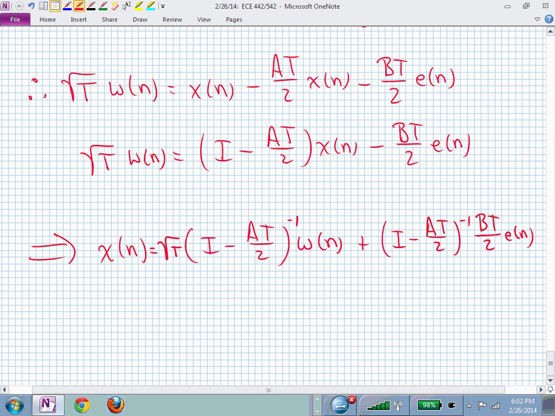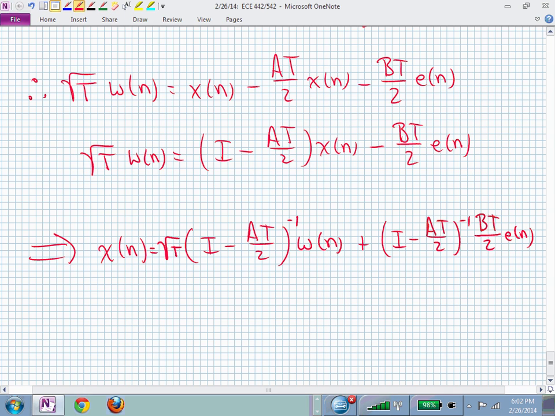So I'm really pushing that e term over and hitting everything on the left, and I have to keep these operations in the right order because now they're matrix operations. So little x of n is now related to w of n, this new artificially created variable, and the input variable e, in this particular combination.